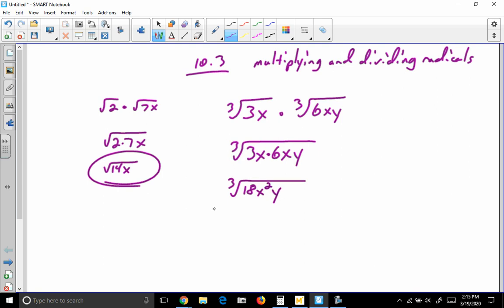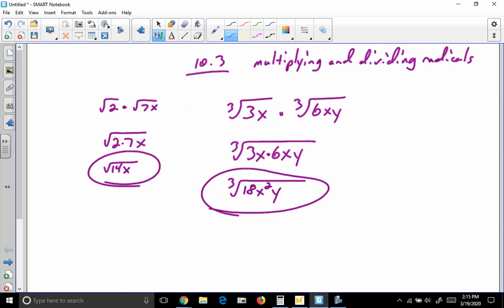And we also have a y. Now, in the first case, 14 is not a perfect square. In the second case, 18 is not a perfect cube. And neither of those can be simplified any further. And that is a good use for multiplying square roots.